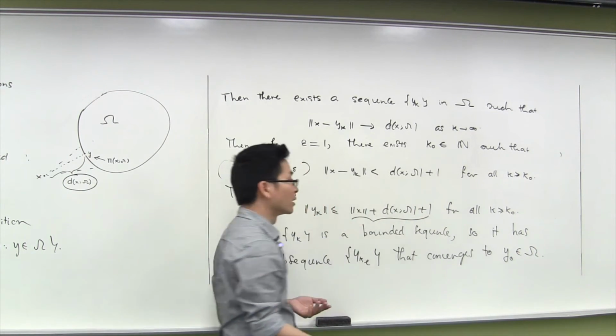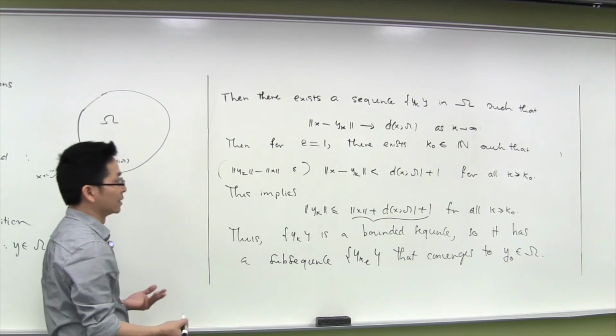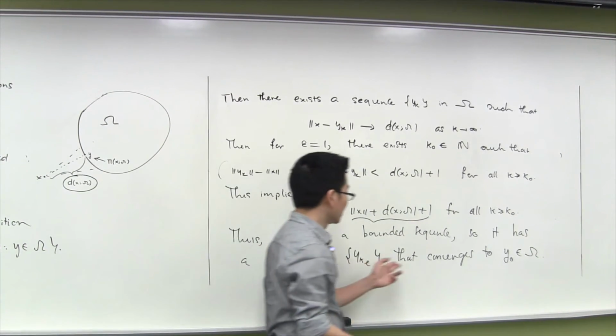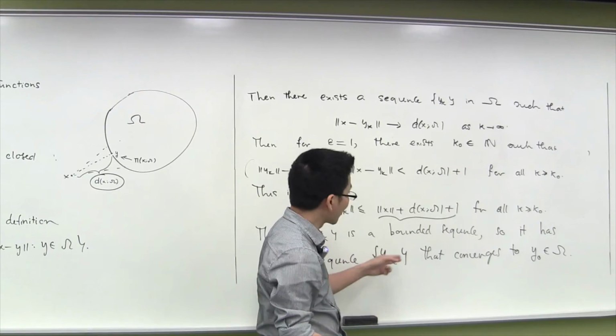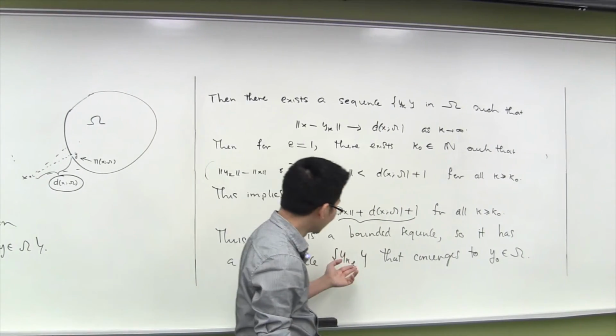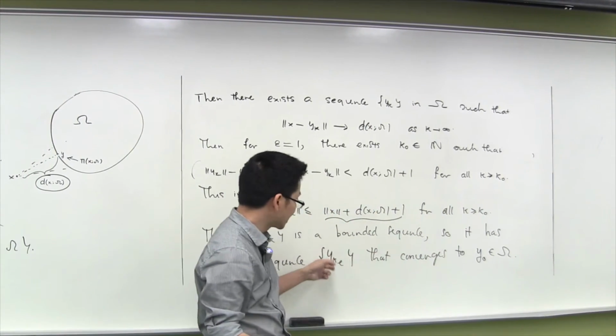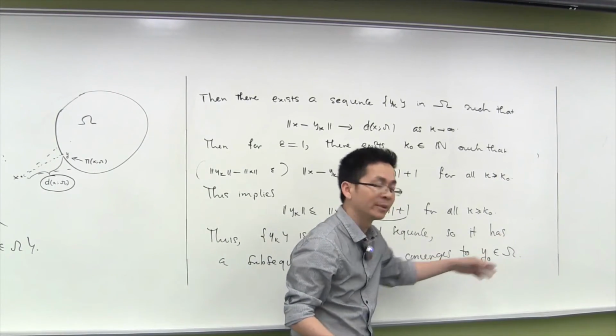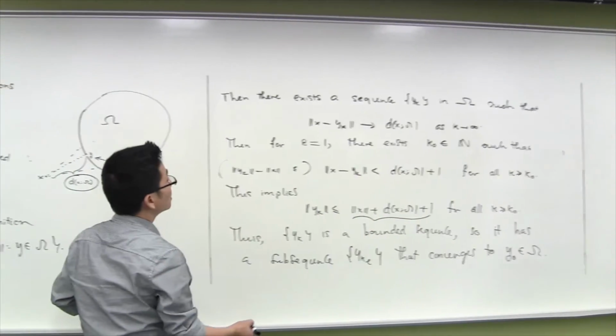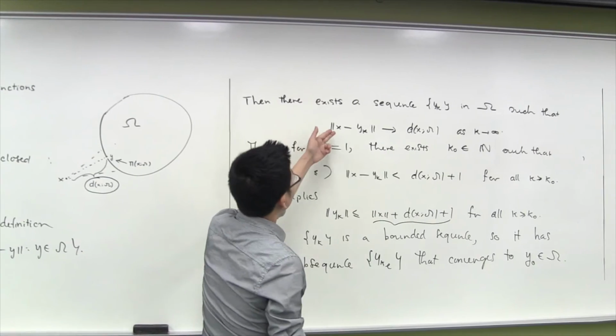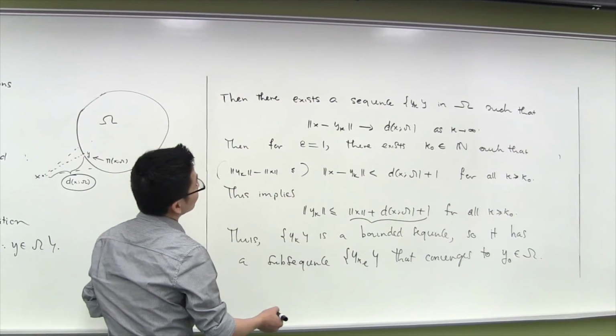This is true because omega is closed. So y_k has a convergent subsequence, and the limit of this subsequence belongs to omega. So now we always have this.